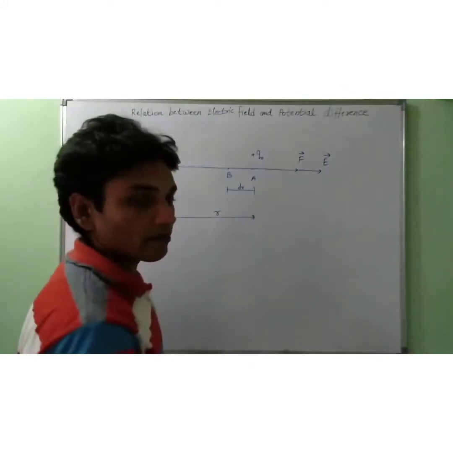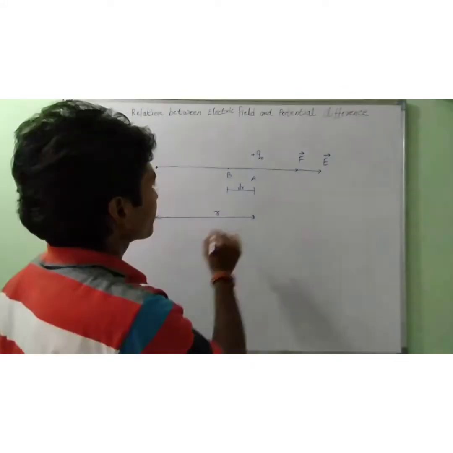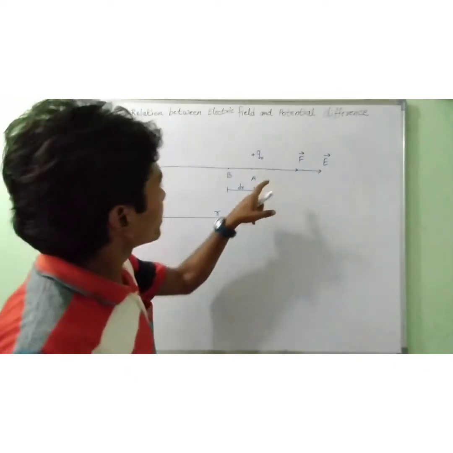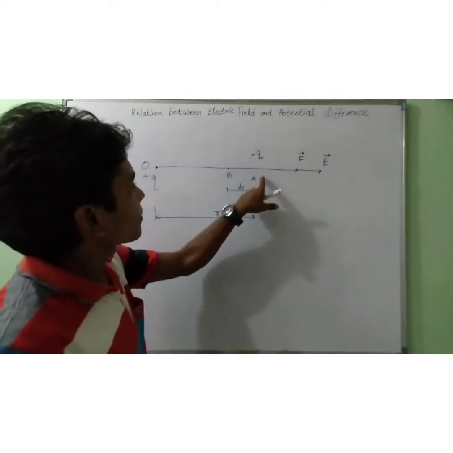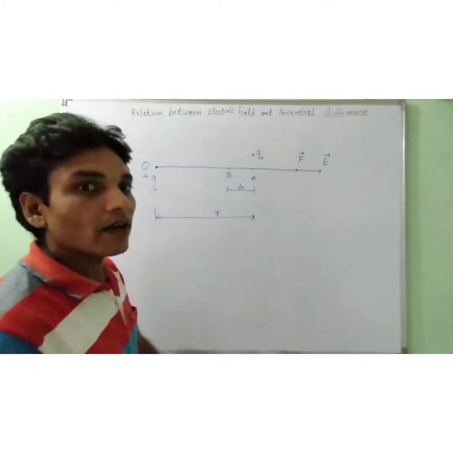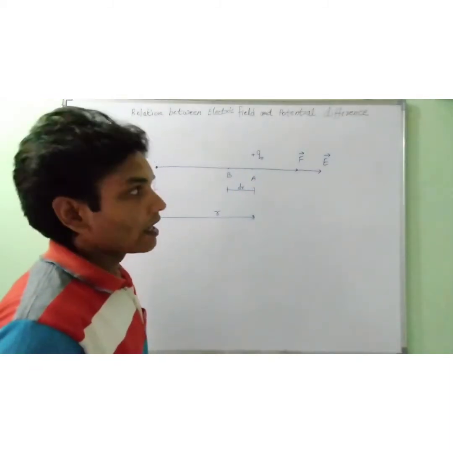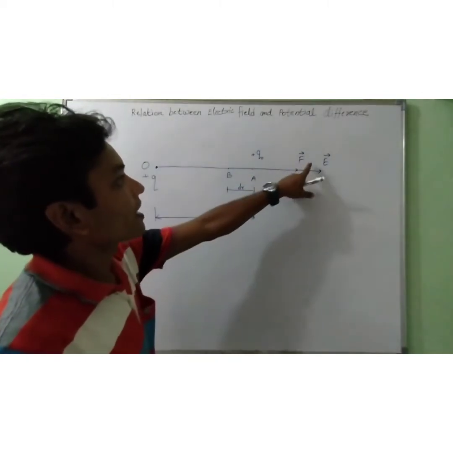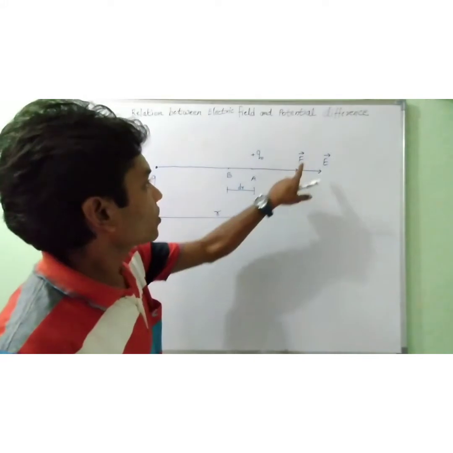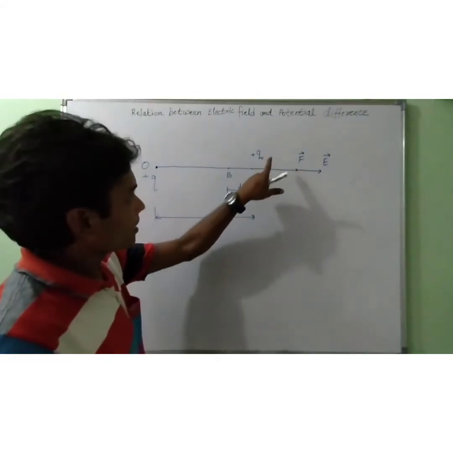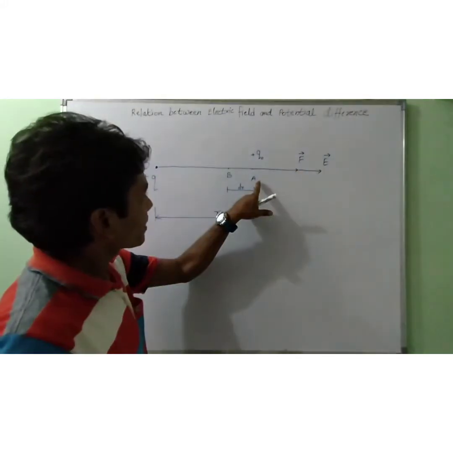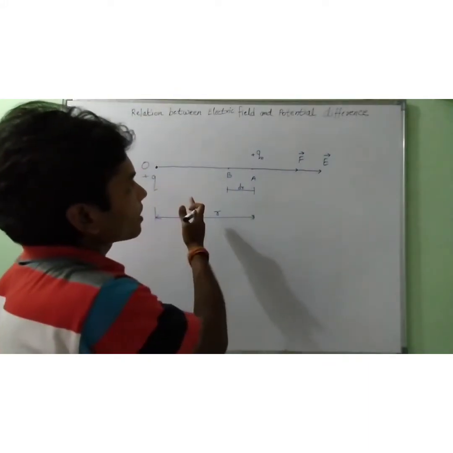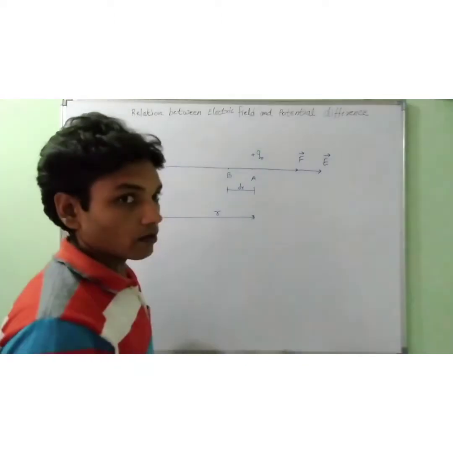through a small distance, or the displacement dr. Now we know that to displace the positive test charge from A to B, work has to be done, and this work will be against the electrostatic force, because to bring the positive test charge from A to B, we are applying a force against the electrostatic force.